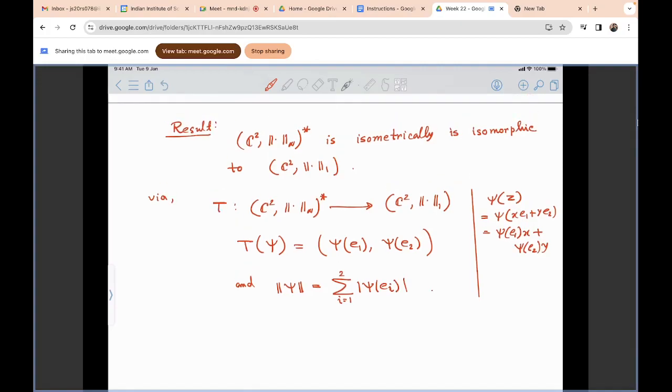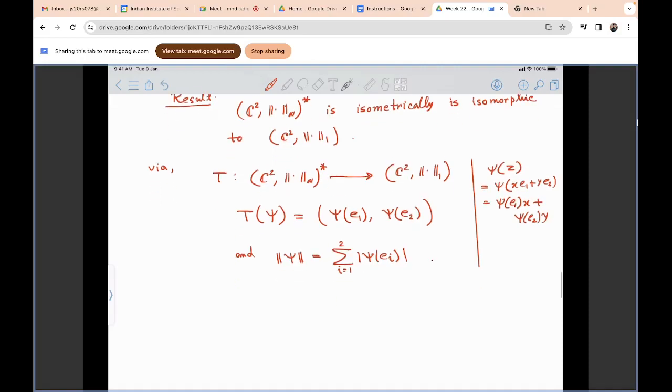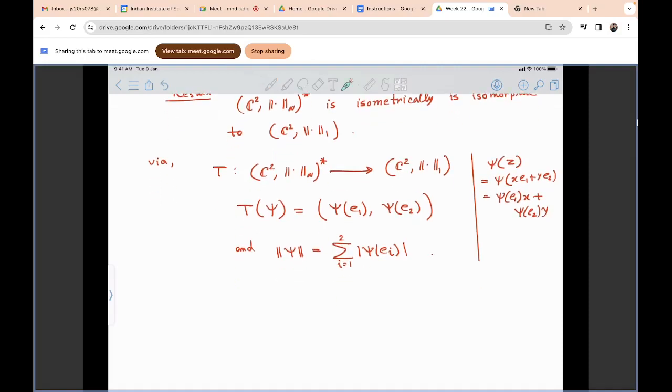So this map you can show is norm preserving, means this T is isometric, because both sides, psi and this tuple, have the same norm. And you can show that this map T is also bijective, continuous, and its inverse is continuous, so isomorphic. So C2 with L infinity norm, the dual of this space is C2 with L1 norm, and this is isometrically isomorphic. So we'll use this to calculate the norm of psi.